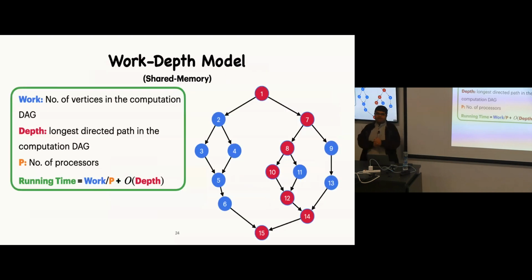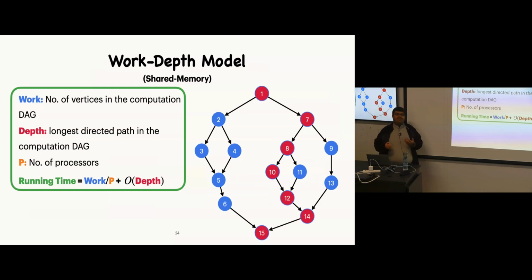So we'll be talking about parallel algorithms for this problem. I'd like to define the theoretical framework under which we will study these algorithms. We will study all of these algorithms under the popular work-depth model, which is a shared memory model.